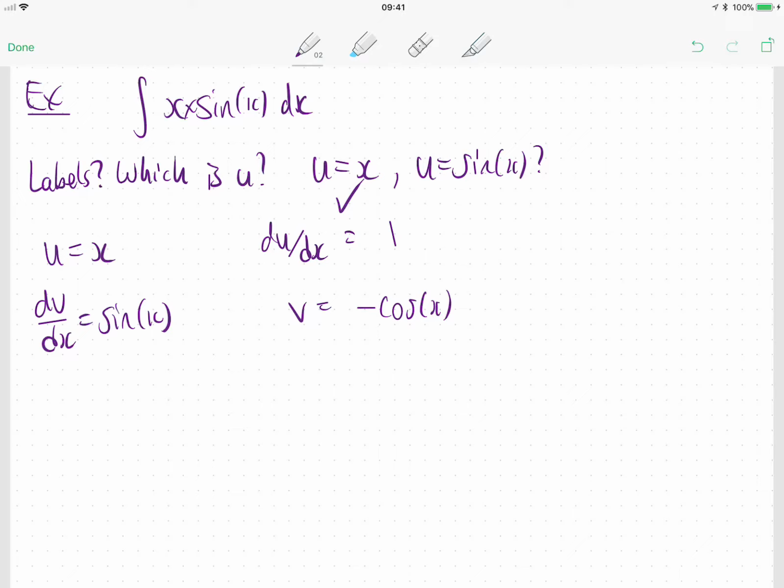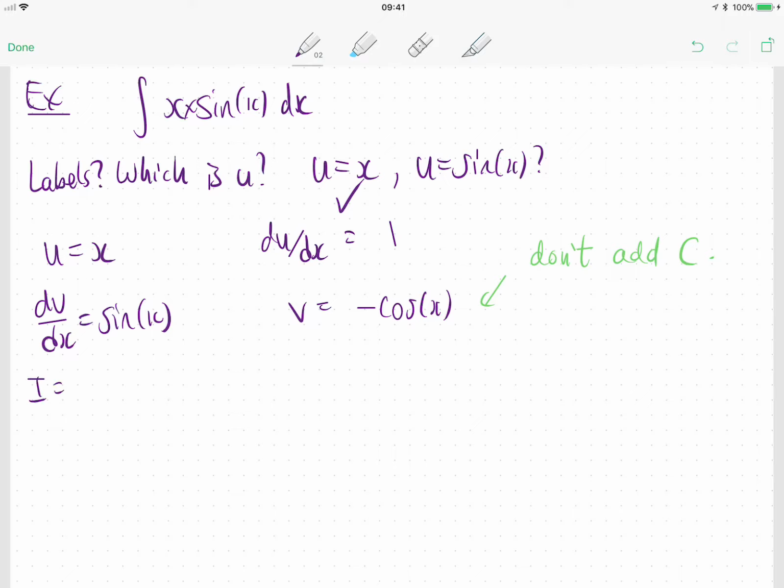It's minus cos. Actually, it's a standard integral, but for some reason, it just doesn't stick in my head. Just take a guess and check it, or use your standard integral. Okay, so that's v, integrating sine. And at this stage, you don't need to add c, your constant of integration. We're just trying to find something that works, not capture every answer, just something that works.